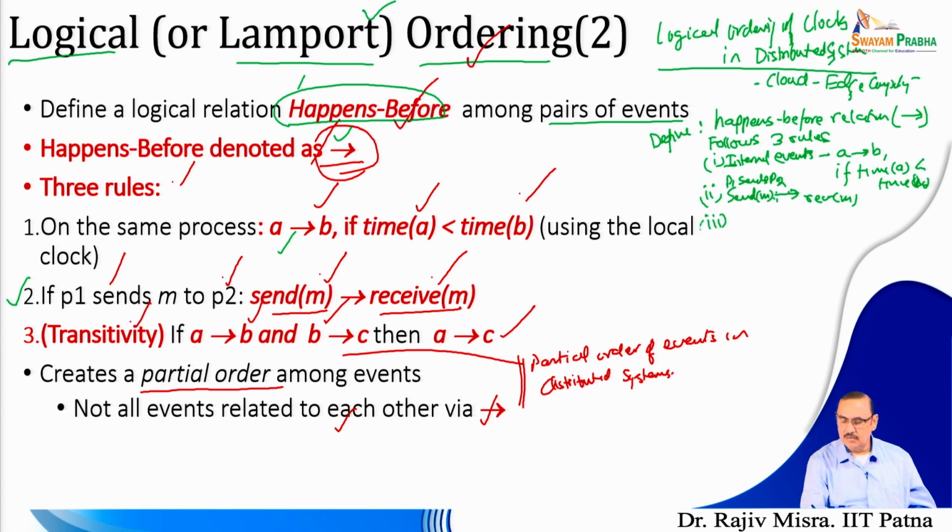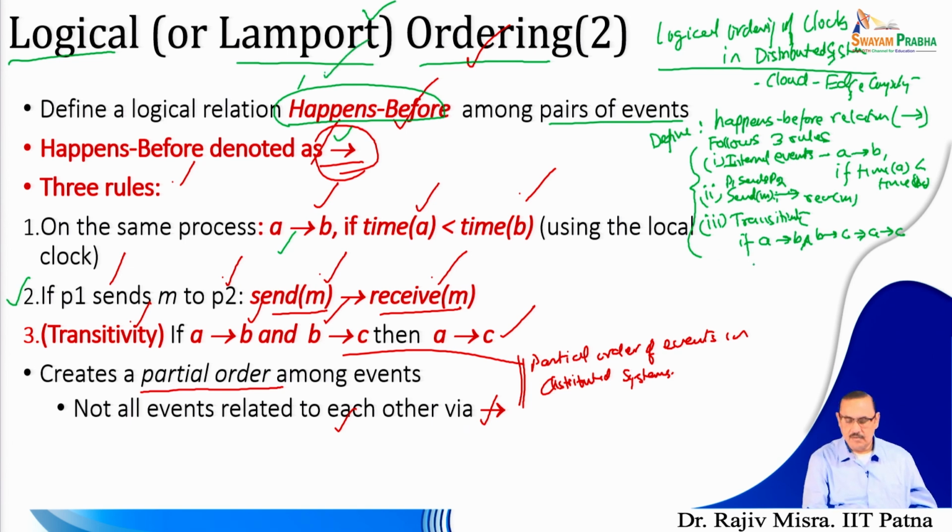And the third rule follows the transitivity property. Transitivity property says that if A has happened before B and B has happened before C, this implies that A has happened before C. So, these three rules are defined as the logical or Lamport's ordering.